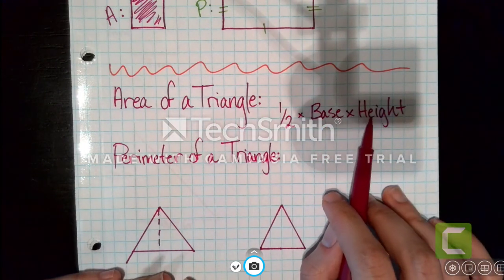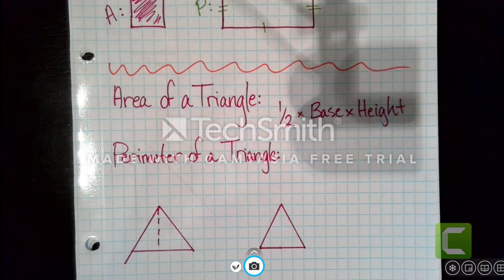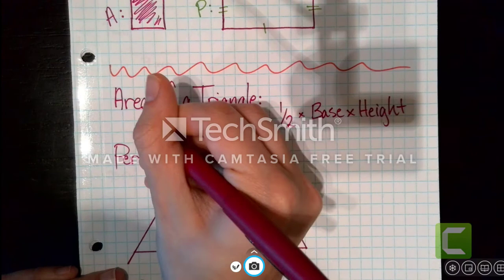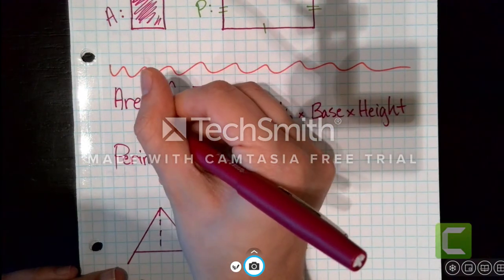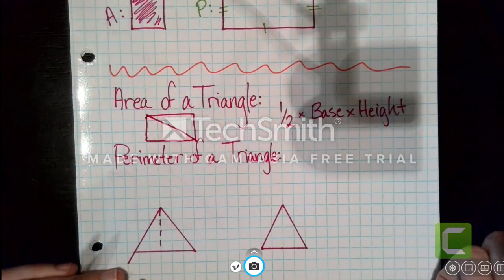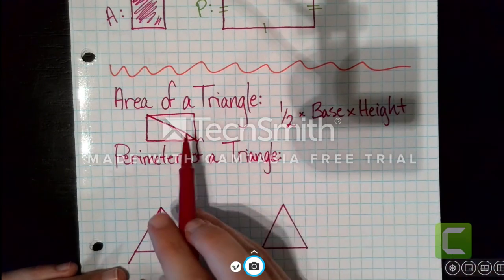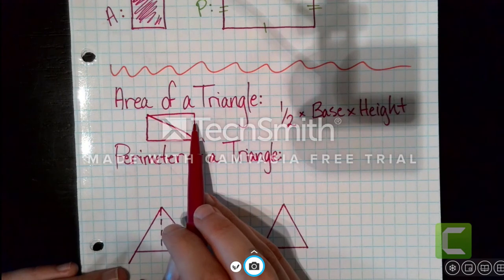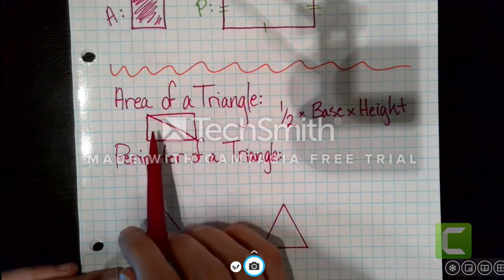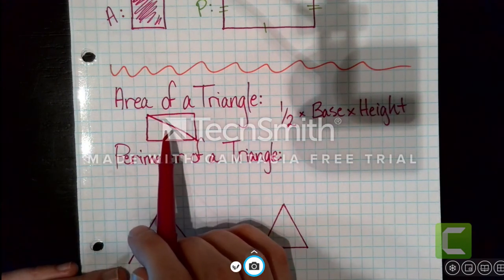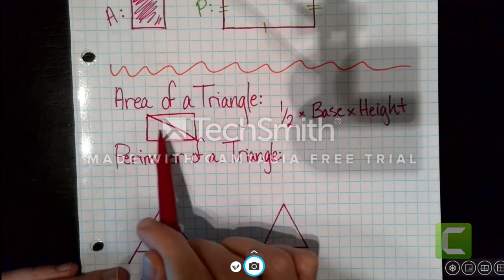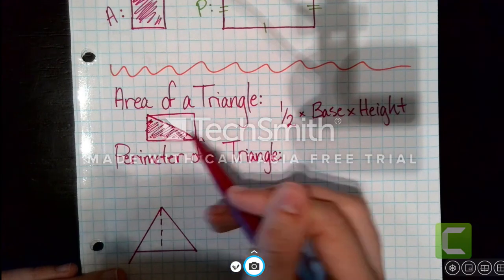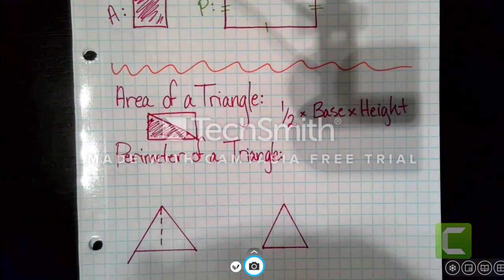We've just seen this for squares and rectangles, and that's because in every square and rectangle, you can draw exactly 2 different triangles. So if for the entire rectangle, to find the area, it's base times height, then to find the area of half of the shape, or one of those triangles, you have to divide it by 2. That's where this formula comes from. We're looking for half of the area of a 4-sided shape.